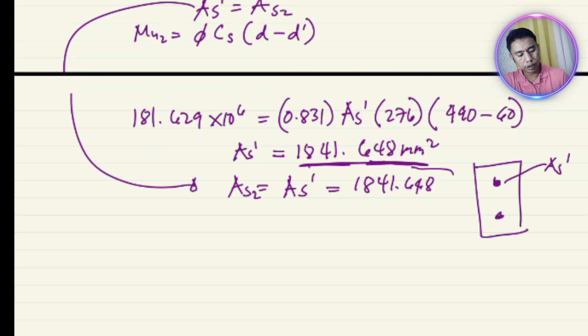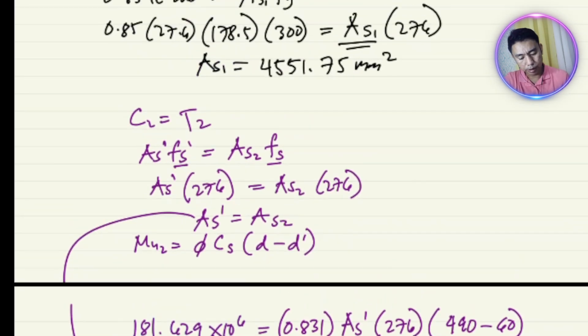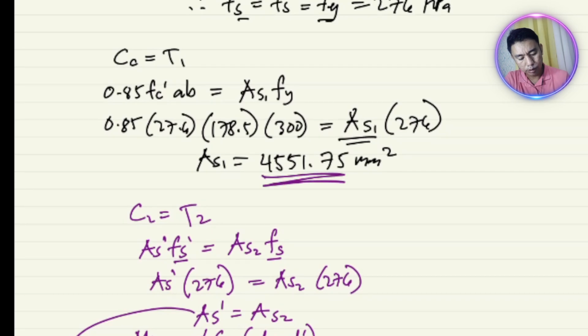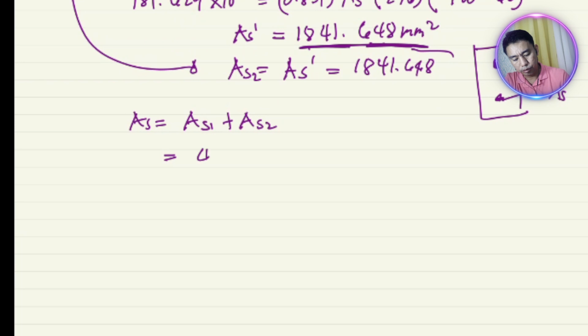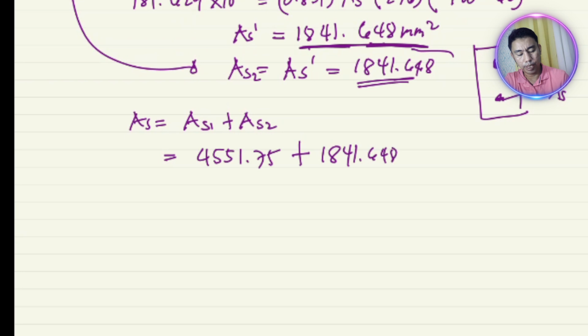Ang total tension, ito, As. So we know that As is equal to As1 plus As2. So ano yung As1 natin? Nasolve natin yung As1. Saan yun? Ito, 4551.75 plus As2 natin, 1841.648.